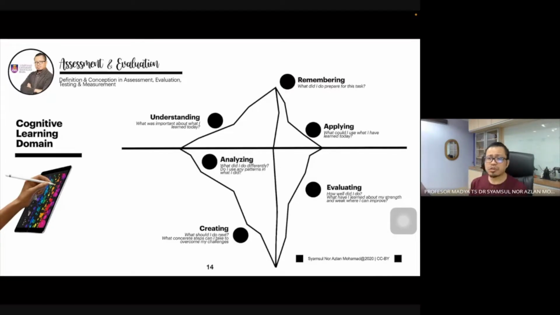As I mentioned before, the assessment can be used as a diagnostic, as a descriptive, and even to predict what will happen to the students. And the most important part is how we and the students create solutions, what you should do based on the evaluation process and the analyzing process, and what concrete step I take to overcome a challenge.